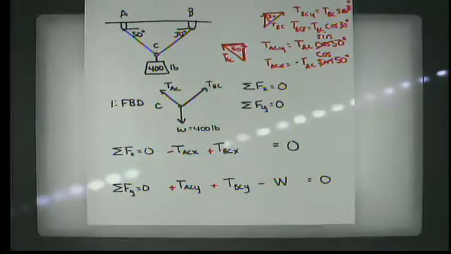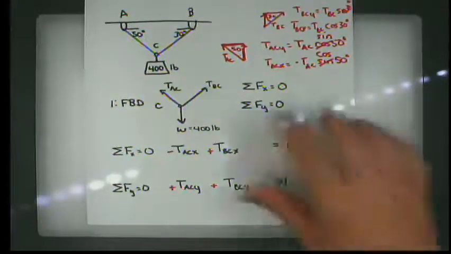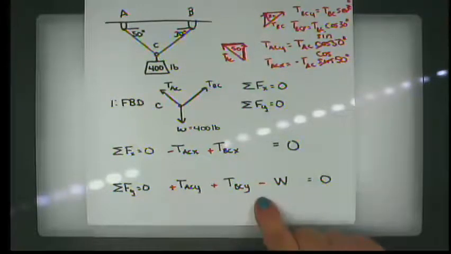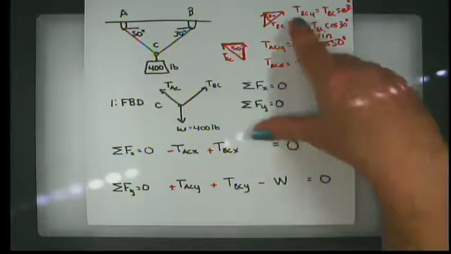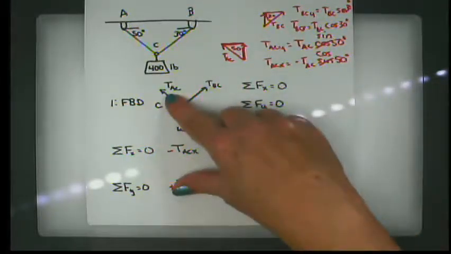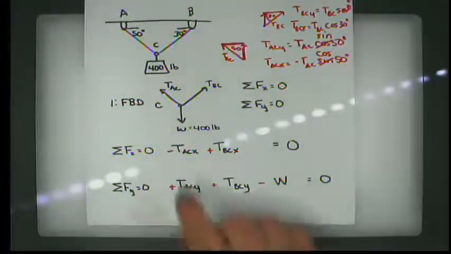All right, so now I have my pieces of the puzzle. I'm going to fill them in down here, and then we have to rely on my ability with a little bit of trig and some algebra in order to solve for the values of TAC and TBC.